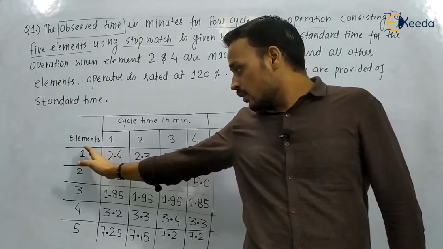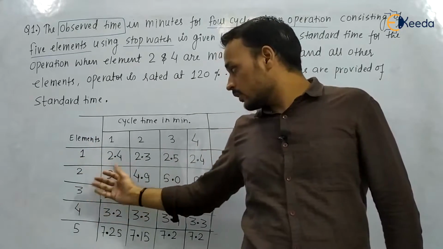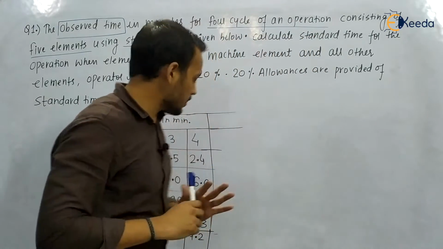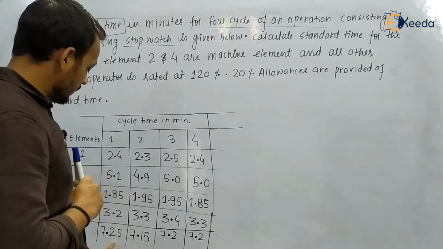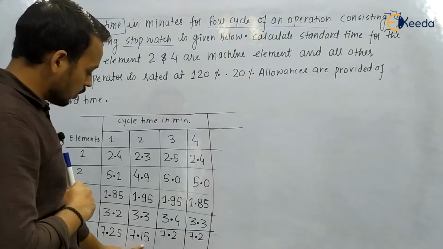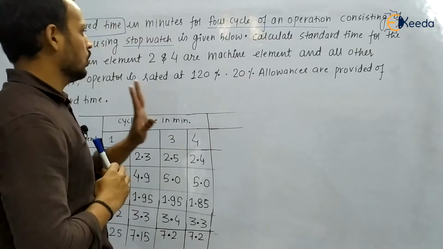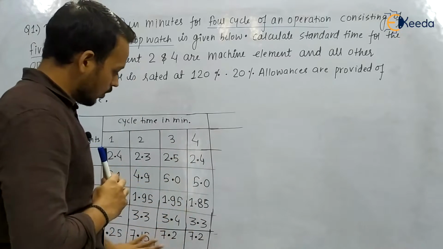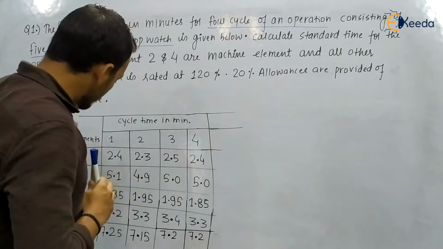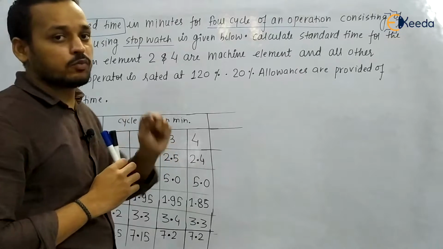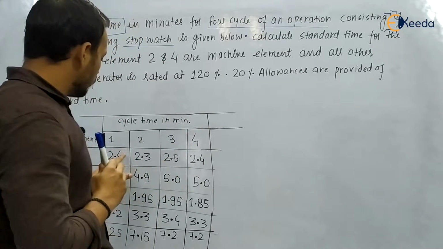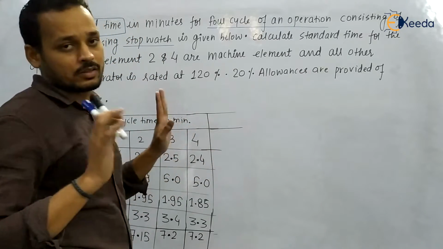Like this, for each work element the observed time has been given. The last row is 7.25, 7.15, 7.2 and 7.2. So this table gives the observed time of each work element, with 4 different observed times for each.